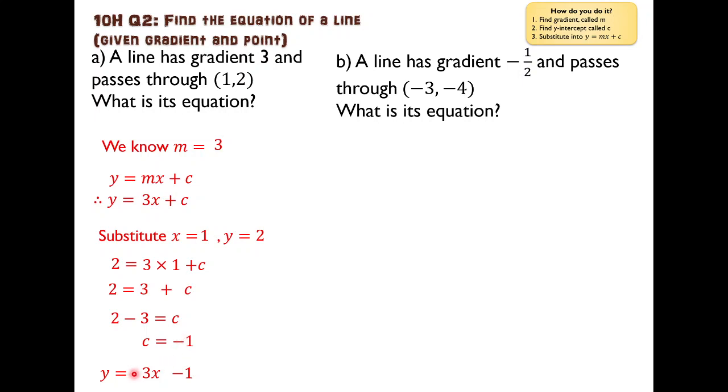So y equals 3x, take 1. I mean, technically, the formula says plus c, doesn't it? So it should be like this. Y equals 3x plus negative 1, because c is negative 1. But if I have a plus and a minus next to each other, it's the same as a minus. So that's why we write y equals 3x, take 1.